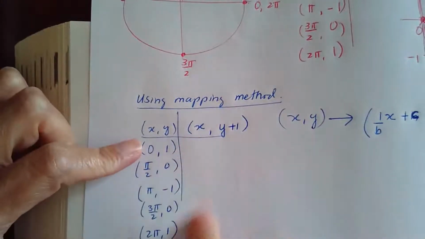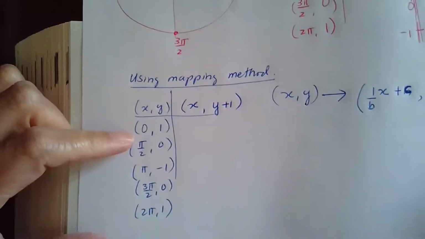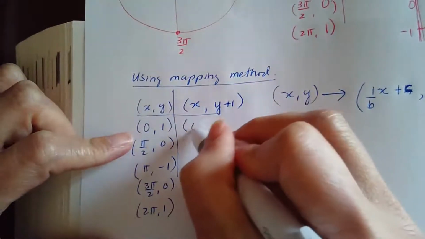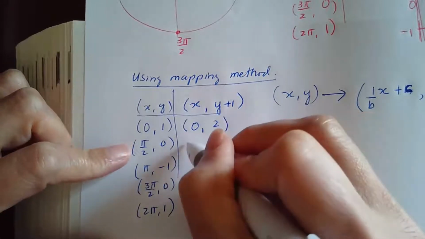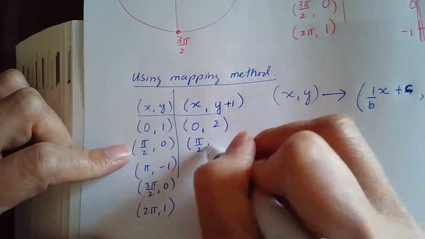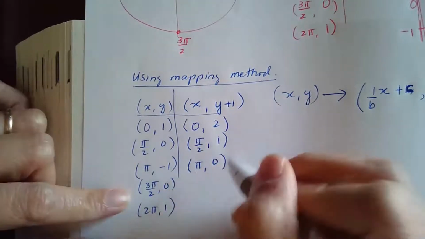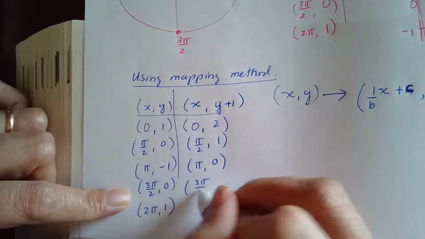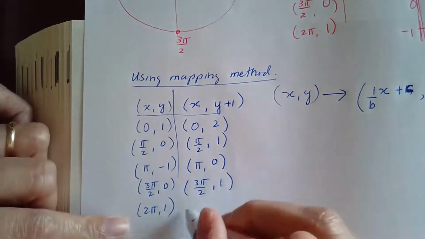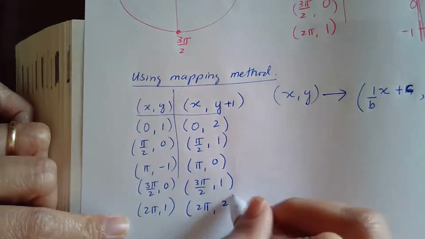So what are the new transformation points? 0, 2; pi halves, 1; pi, 0; 3 pi halves, 1; and then 2 pi, 2.